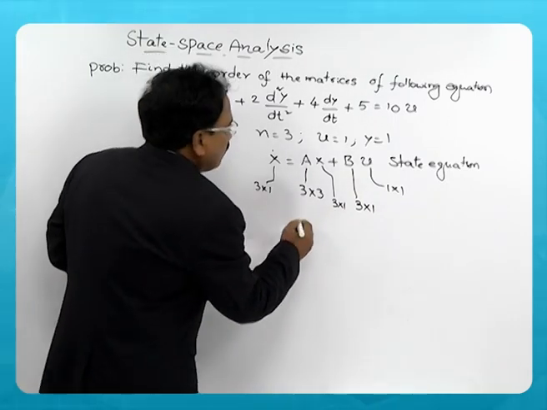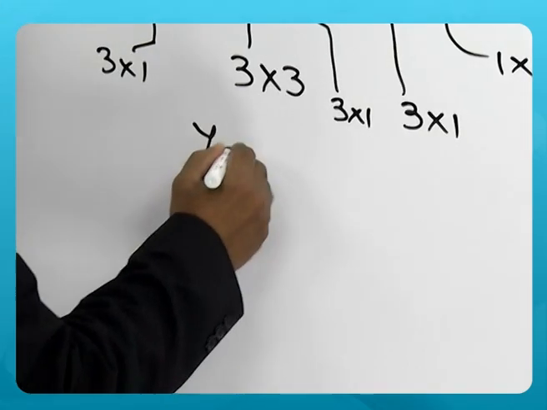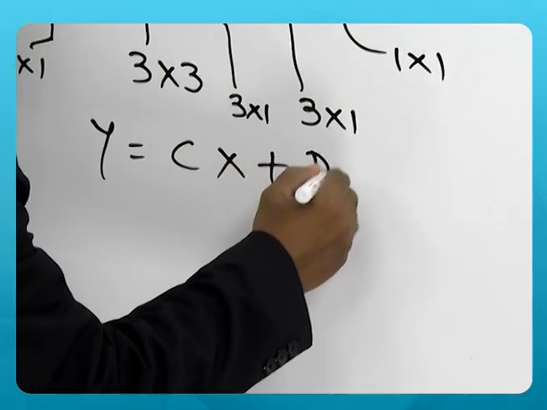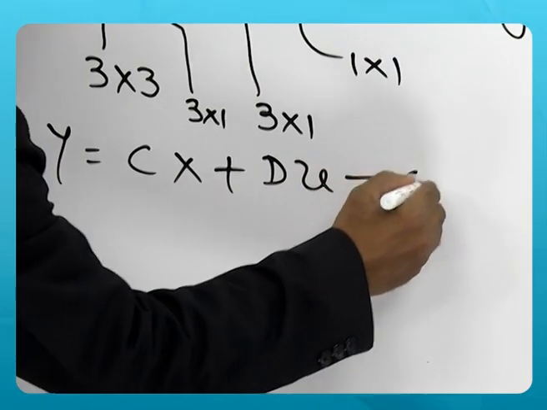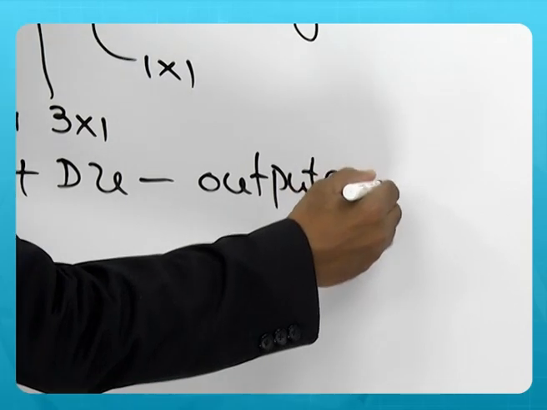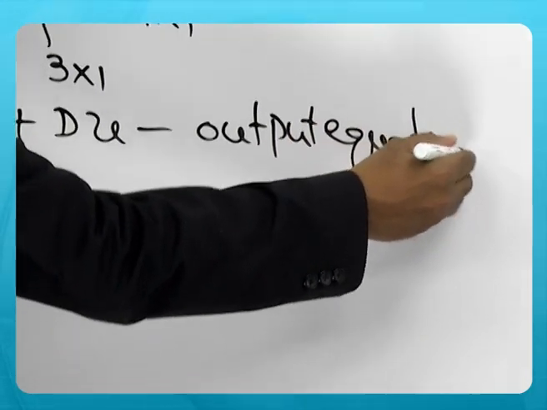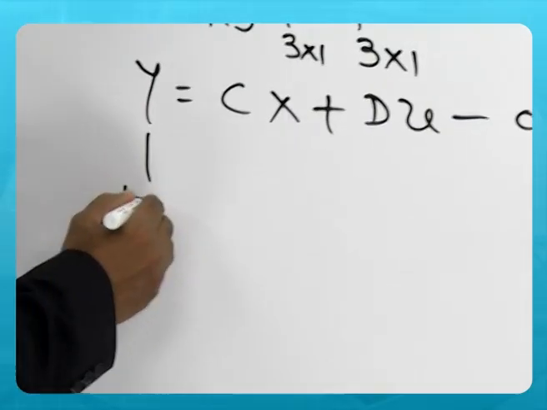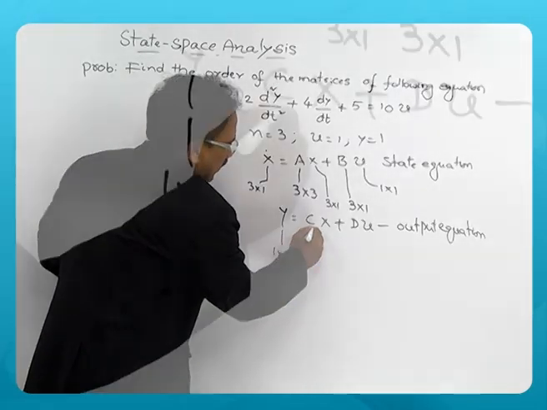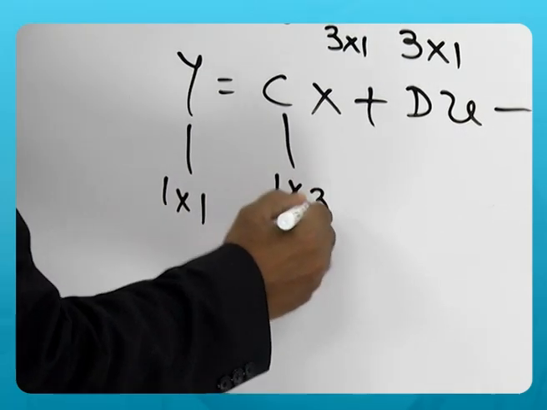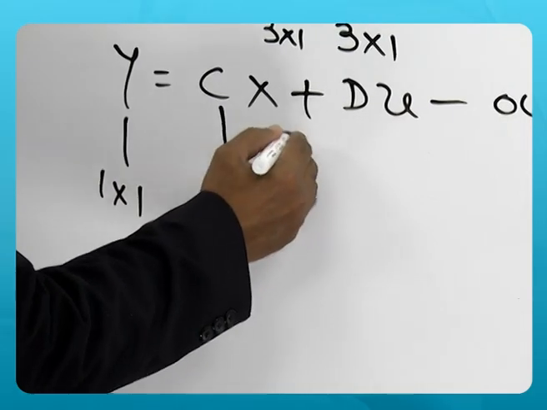Now the output equation: y is equal to Cx plus Du. This is known as the output equation, where y is the output. So the dimension of this y vector is 1 cross 1 and C is known as the output matrix. This dimension is 1 cross 3.